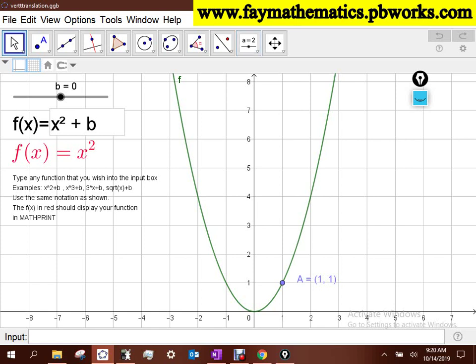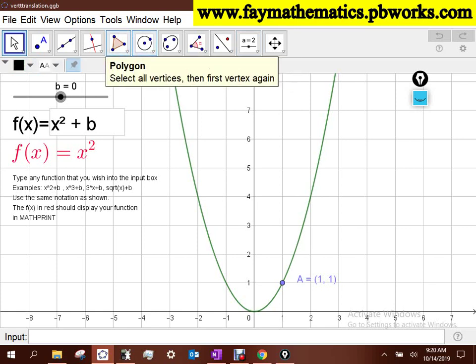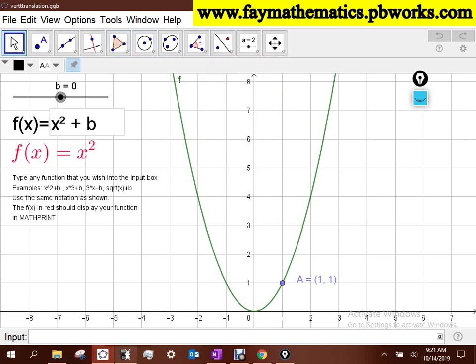So right now I've got my parent function x squared. Let's just look at a few ordered pairs on there. We know 0, 0 should be on there. We know 1, 1 is on there. We know 2, 4 is on there. We can keep going, but let's just say we've got those three.